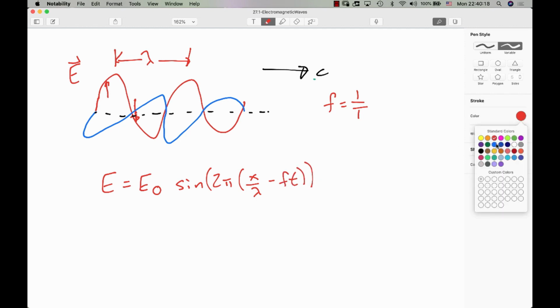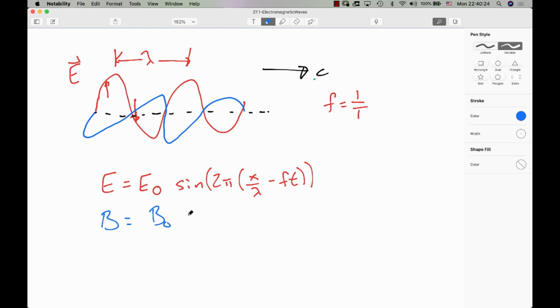And similarly, we can write an identical relation for the associated magnetic field. It'll be B naught times the sine of 2 pi x over lambda minus ft.